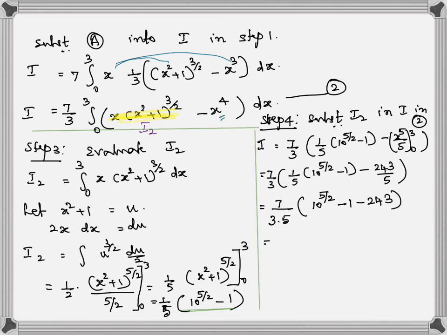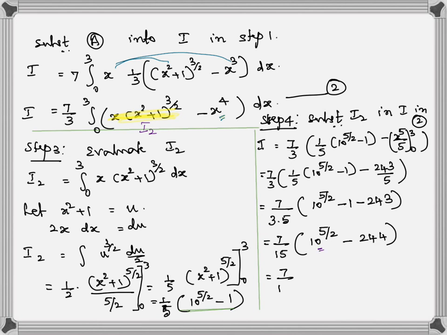So this will become 7 over 15, (10 to the power 5 by 2 minus 244).